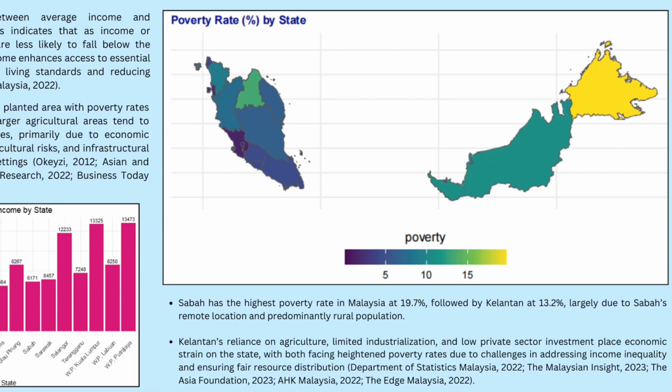Kelantan has the second highest poverty rate in Malaysia in 2022 because of its reliance on agriculture, limited industrialization, and low private sector investment, which place economic strain on the state, with both facing heightened poverty rates due to challenges in addressing income inequality and ensuring fair resource distribution.